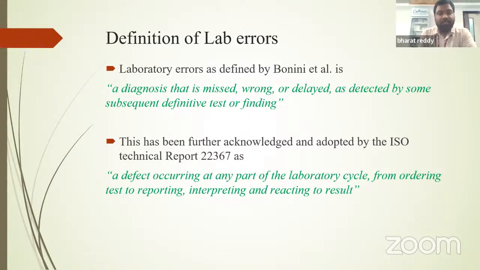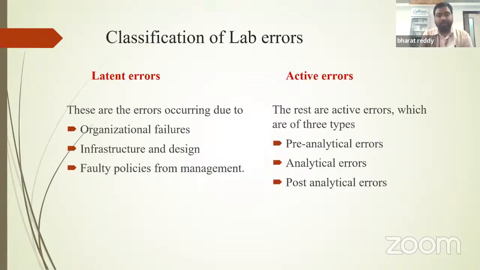This definition has been further acknowledged and adopted by the ISO technical report 22367 as a defect occurring at any part of the laboratory cycle, from ordering the test to reporting, interpreting, and reacting to results. The main errors are those occurring from when the patient enters with a prescription until they exit with a laboratory report. So in between, what are the errors we can find? All these are laboratory errors.